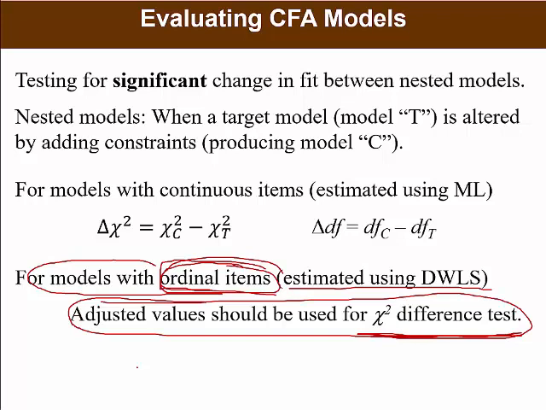In this case, we want it to be significant, because if it's significant, that means the alternate model is significantly worse than your hypothesized model. Therefore, you would support your hypothesized model and reject the alternate one.